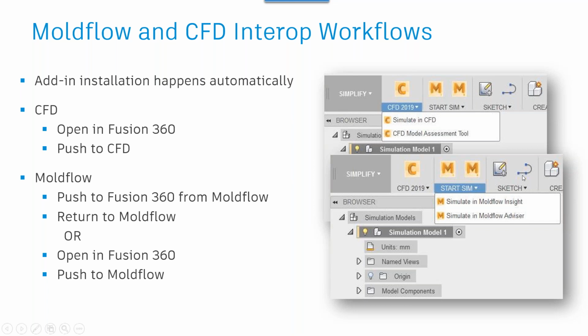You will see those add-ins in your Simplify workspace in Fusion 360. And then you can push your models from Fusion to CFD to do advanced analysis, or from Fusion to Moldflow to do advanced analysis. With Moldflow, you have an additional capability where you can also bring a model from Moldflow to Fusion and then take it back after you have done some simplification or CAD repair or any design modification.